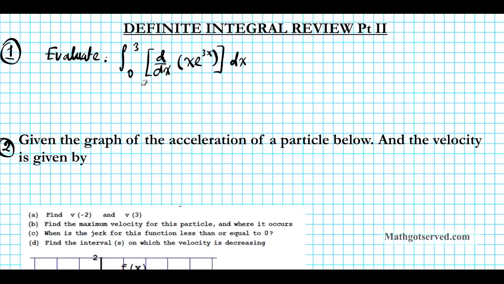So another way I can write this expression is to find the indefinite integral of the derivative d dx of x e to the 3x dx. Okay, now after finding the indefinite integral, whatever the result is, I'll evaluate it from 0 all the way to 3, right? So evaluate it from 0 to 3.